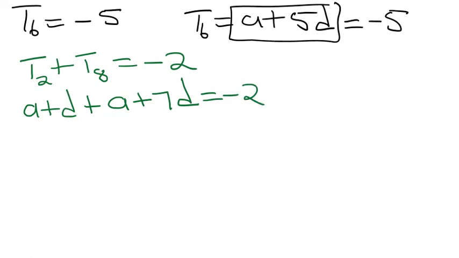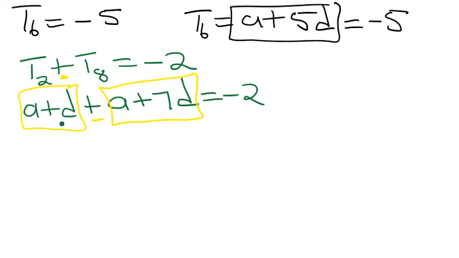So to simplify your work here, what I've just done is that this one is T2, and this one is T8. I was just doing substitution there. So now let's move forward with our problem.